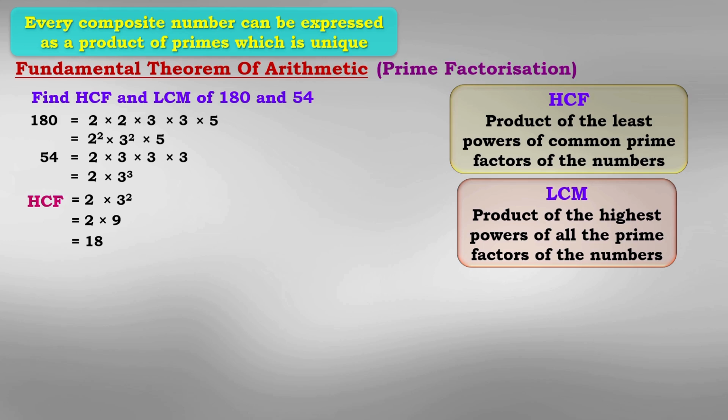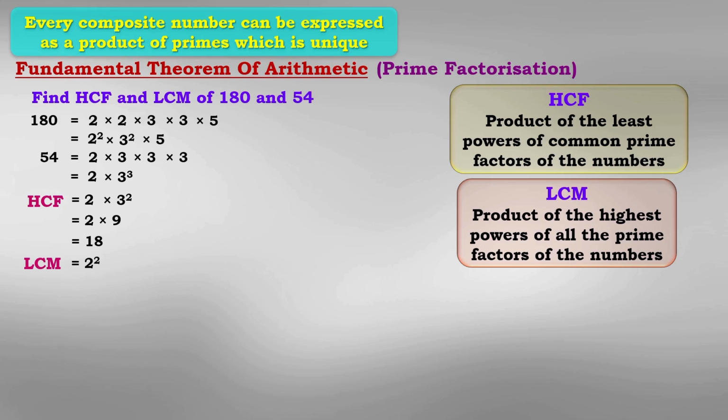Now LCM is, as I already told you, the product of the highest powers of all the prime factors of the numbers. So in this case we have to consider all the prime factors. For HCF, whenever there is a prime factor that is not common, we discard it. But for LCM we have to consider all the prime factors with the highest power. For 180 we have 2 to the power 2, and for 54 we have 2.